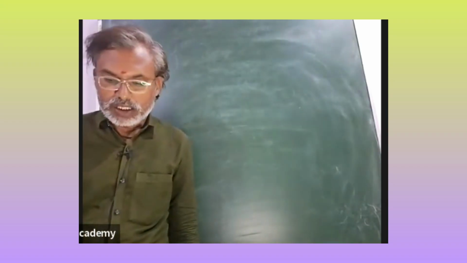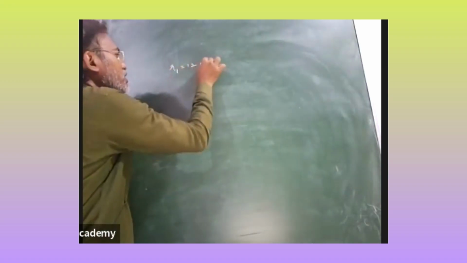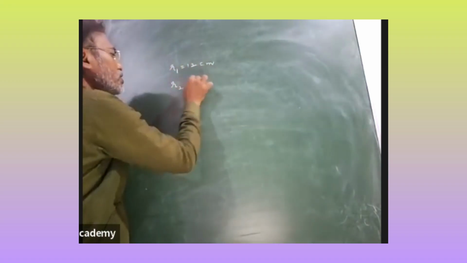So here in this problem, 2 spheres of radii 12 centimeter and 16 centimeter. R1 is equal to 12 centimeter, R2 is equal to 16 centimeter.